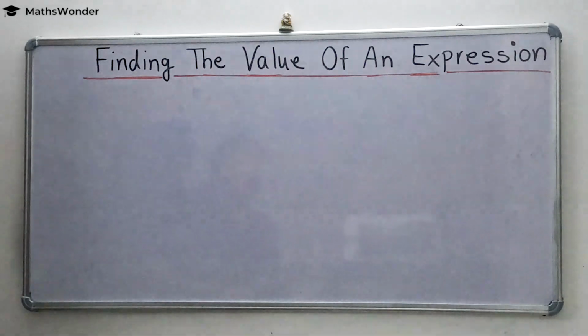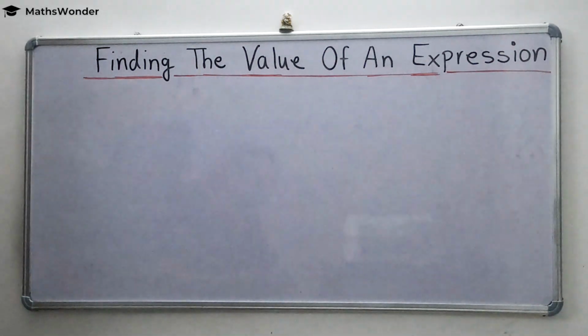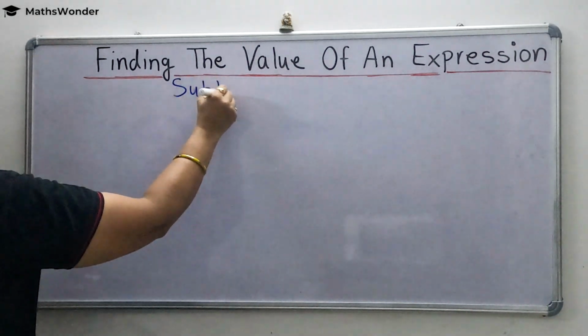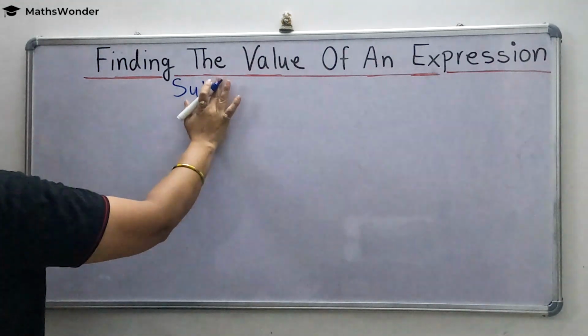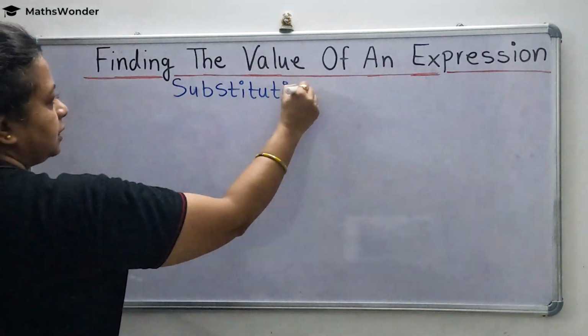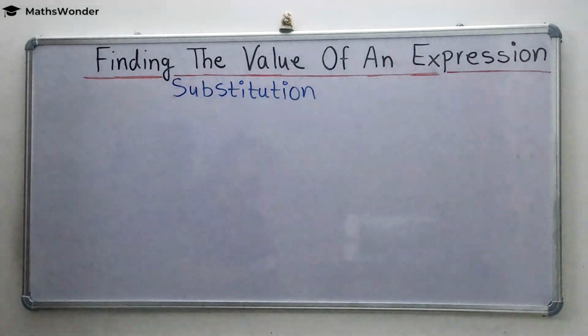The other name of this is substitution in polynomials, or substitution in expressions. Substitution means when each variable in a polynomial is replaced by a given value, it is called substitution.